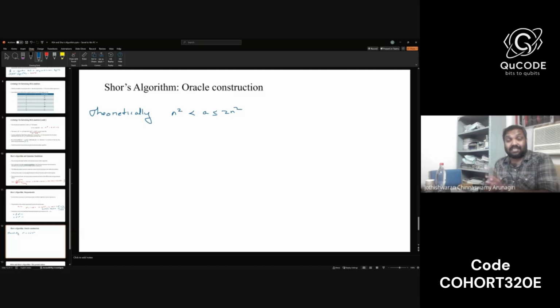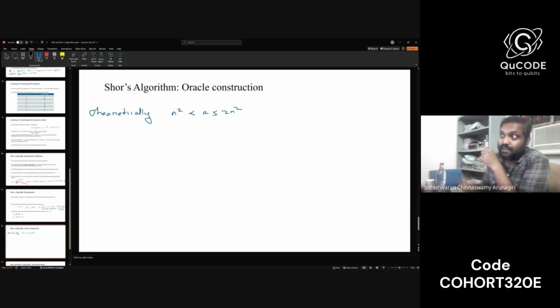This is a region where I can say with a high degree of confidence that any random number that I choose here will be co-prime, and I can also be reasonably sure that the order that I evaluate will be an even number. I could find a quadratic residue in this interval.